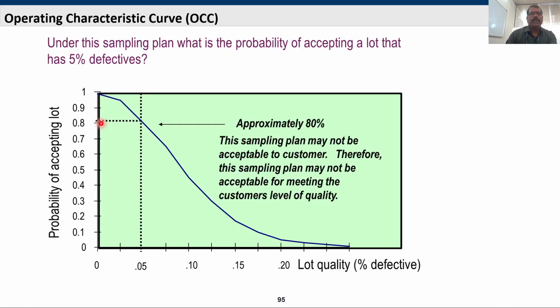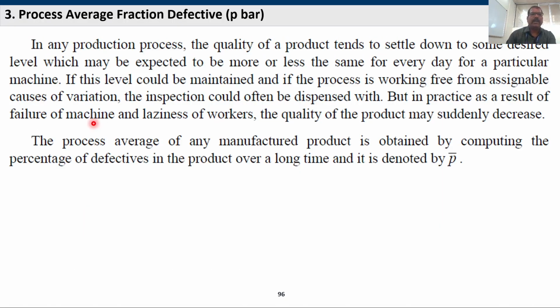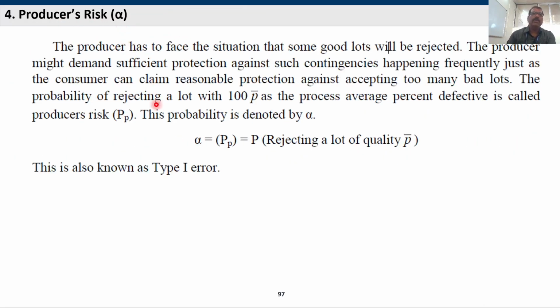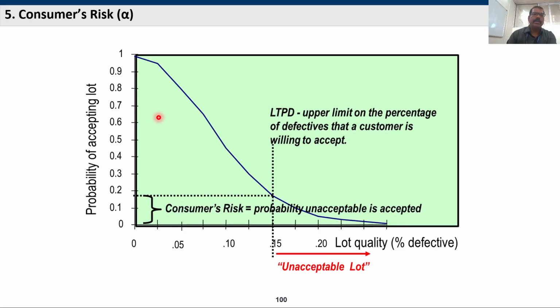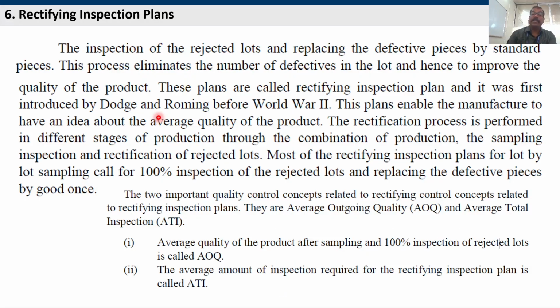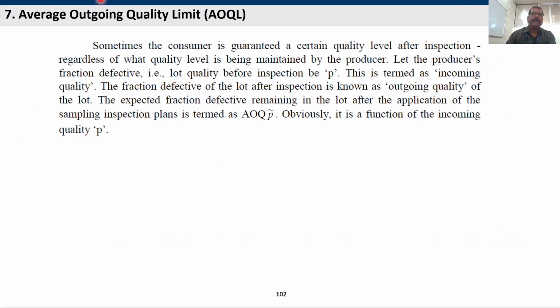And the operating characteristics curve and other parameters like process average, fraction defective, producer risk, consumer risk, and the rectification inspection plan. Under the rectification inspection plan, we have discussed AOQ and ATI. AOQ means average outgoing quality, and ATI means average total inspection. And here we can calculate the average outgoing quality limit, AOQL.